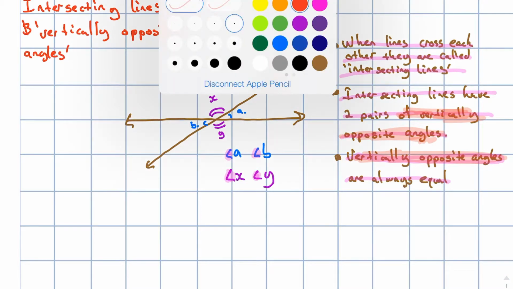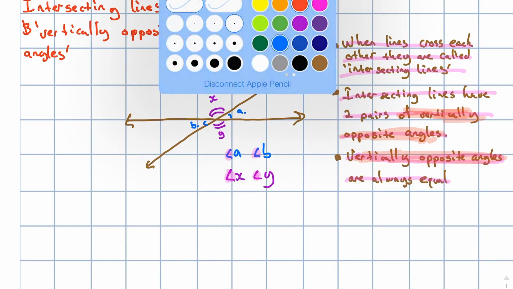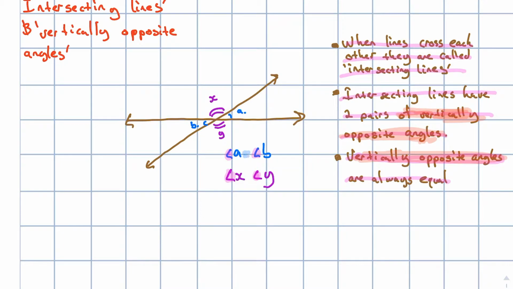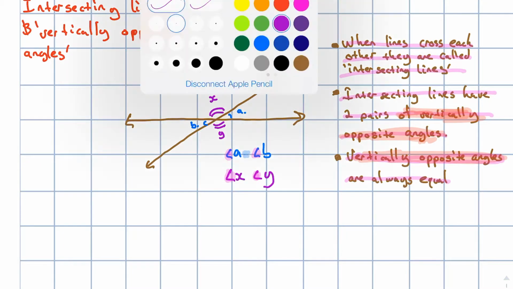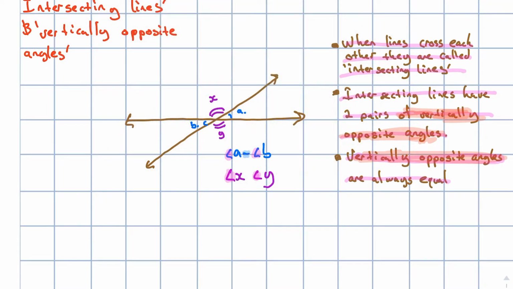So we can say that angle A equals angle B, and angle X equals angle Y, always, because they're vertically opposite. So whenever you have intersecting lines, it creates these 2 pairs of vertically opposite angles, and you know that when they're opposite each other, they're always going to be the same.